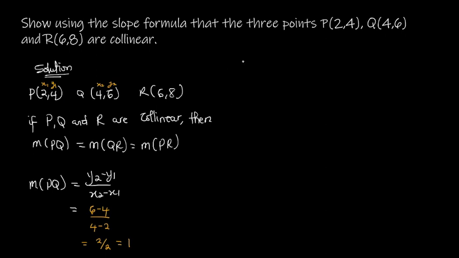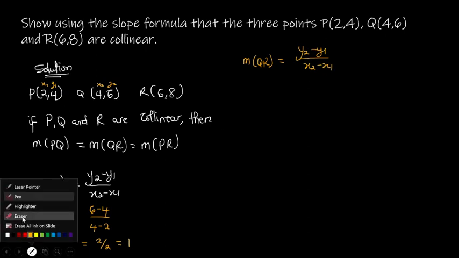Alright, so let's go ahead and calculate the gradient for QR. The gradient for QR will be y2 minus y1 on x2 minus x1.